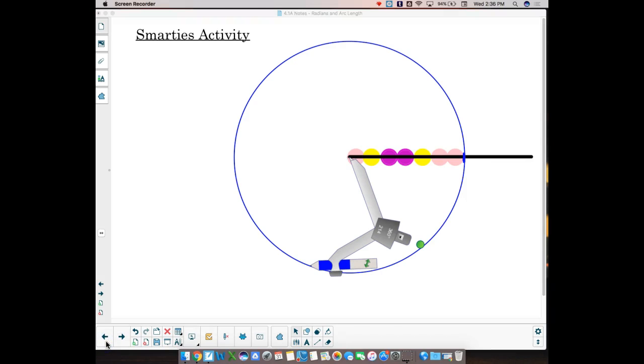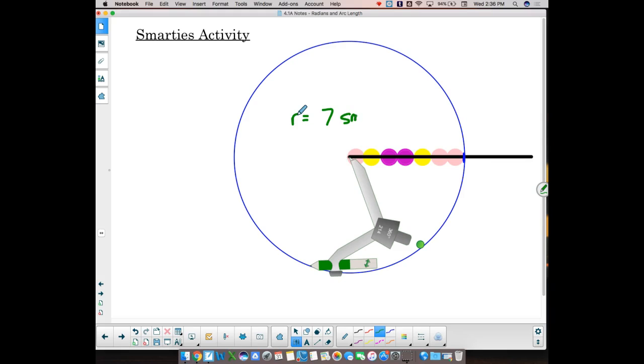So what I would like you to do is write inside your circle what your radius is. So my radius is 7 Smarties. Because now, if I made a tick mark here at this line, on my circle I am going to take my Smarties and line them up on the edge of my circle.